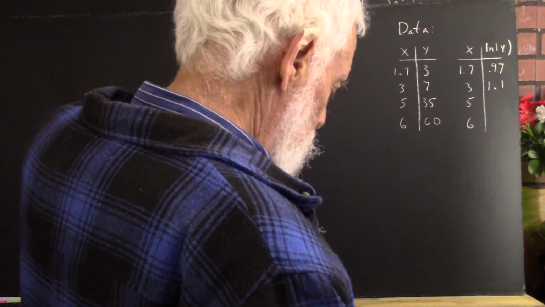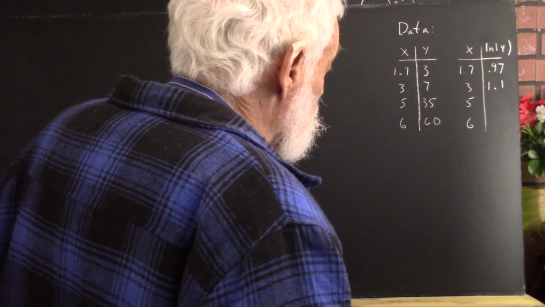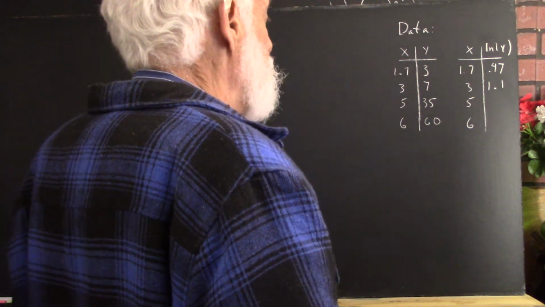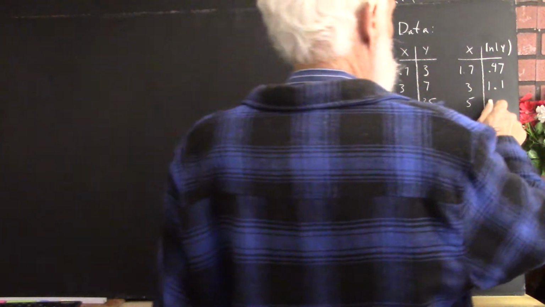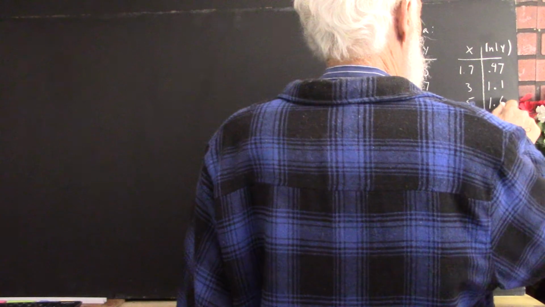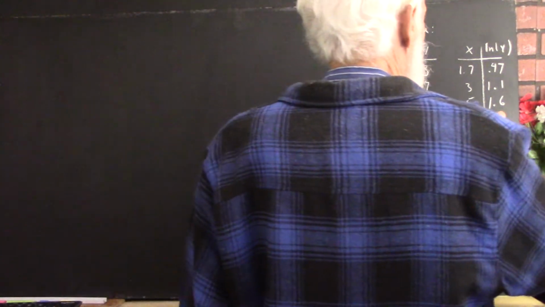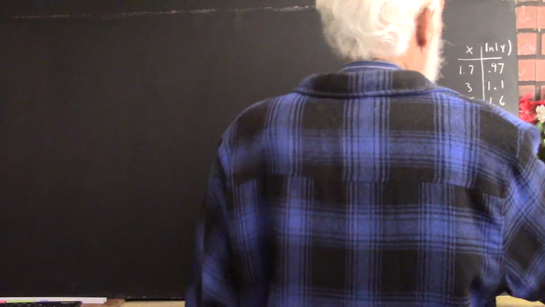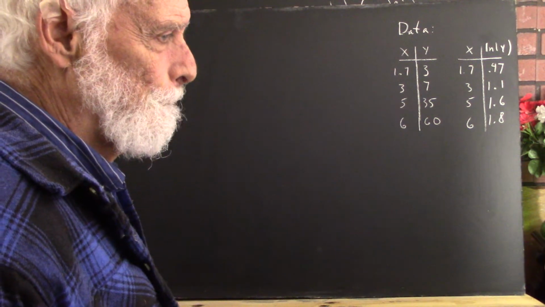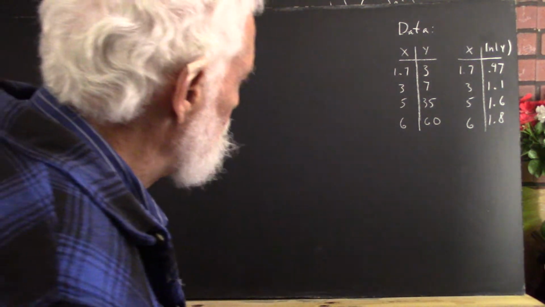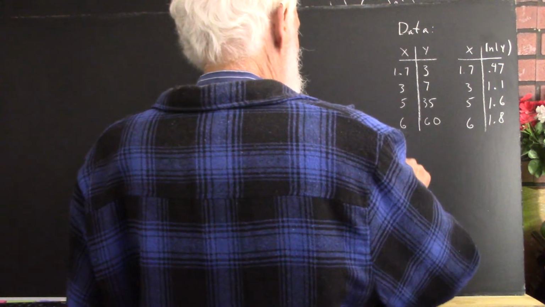And the natural log of 5, visualizing the curve and so forth, should be around 1.6, and the natural log of 6 might be around 1.8. Okay? Those aren't particularly accurate, but we can see what's going on.